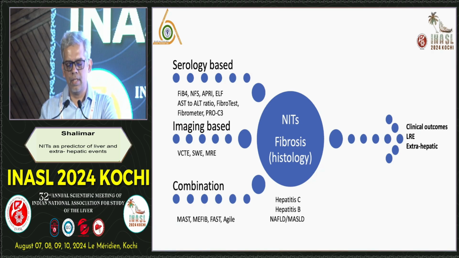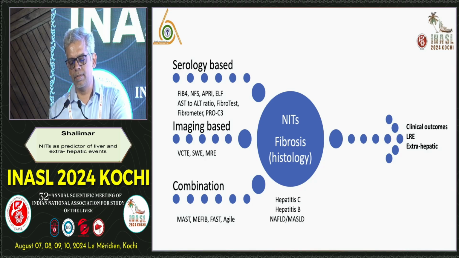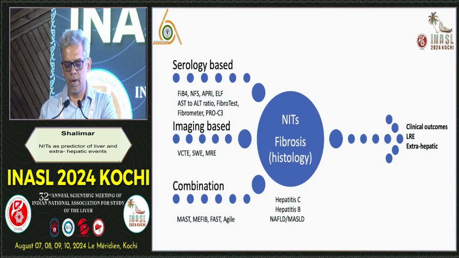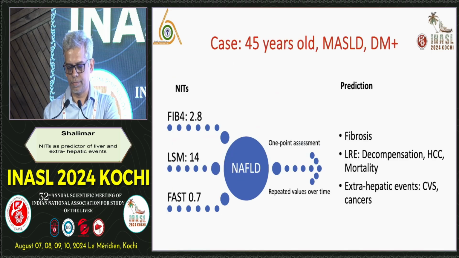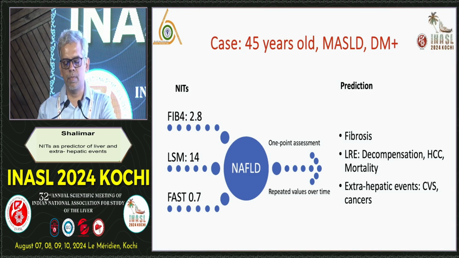Most of these NITs, which have been used for predicting fibrosis, the data stems from etiologies, predominantly hepatitis B virus, hepatitis C virus, and non-alcoholic fatty liver disease, or recently recoined as MASLD. So our case for discussion today is a 45-year-old MASLD patient who has diabetes, FIB4 score 2.8, LSM 14, FAST 0.7.